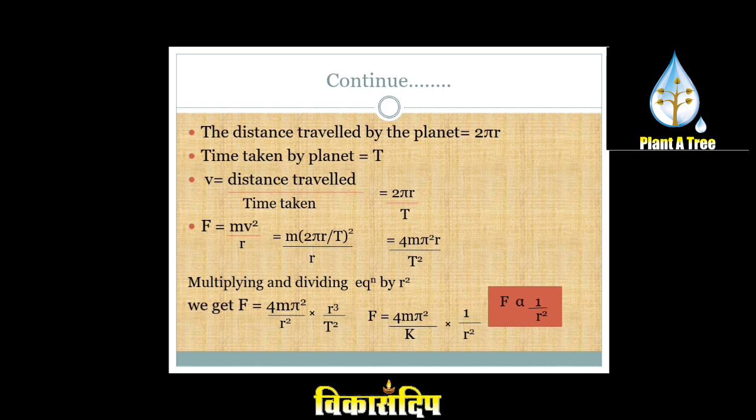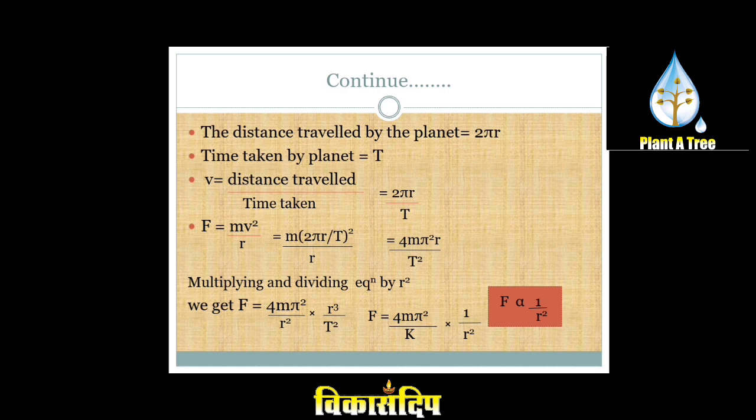F is equal to mv square upon r, the previous equation we have studied, and we have to put the value of v in this equation of force. So m into bracket 2 pi r divided by T, bracket square, divided by r. We have put the value of v, and when we solve this equation we get 4 m pi square r divided by T square.